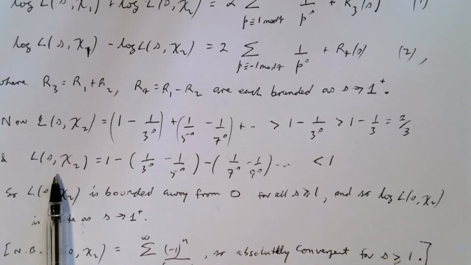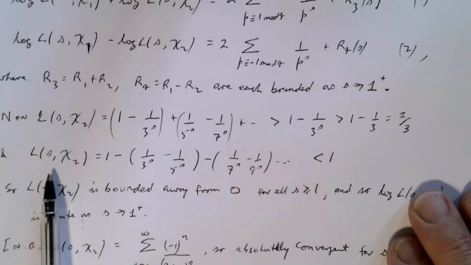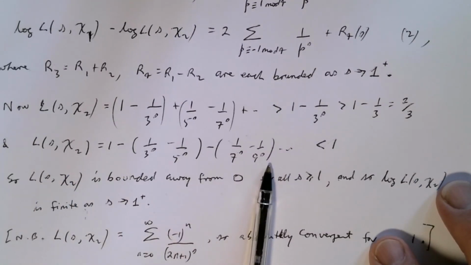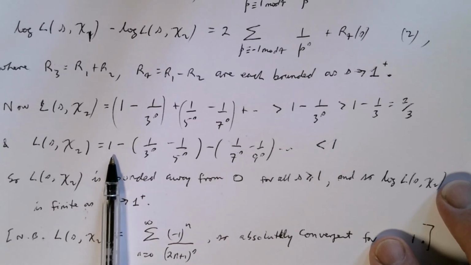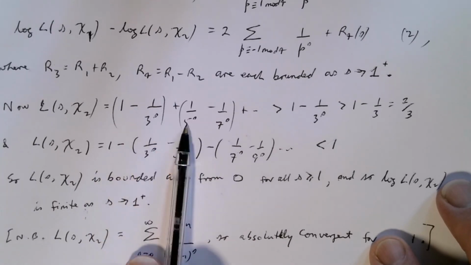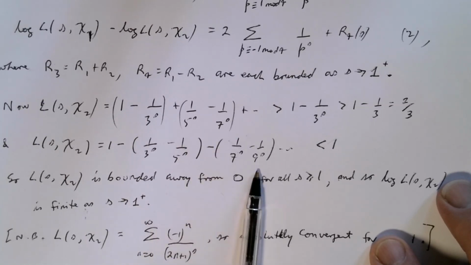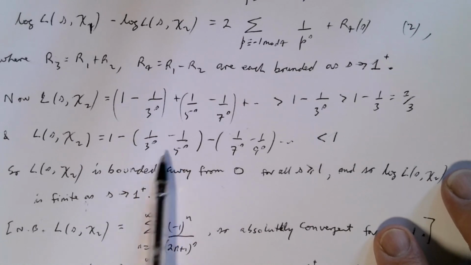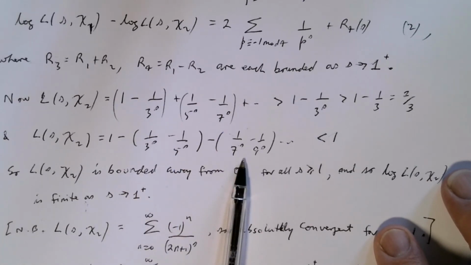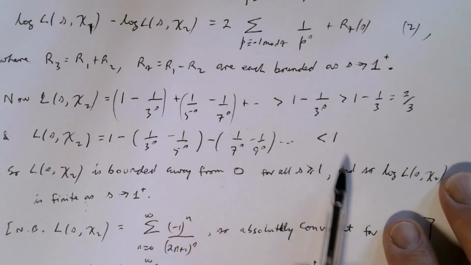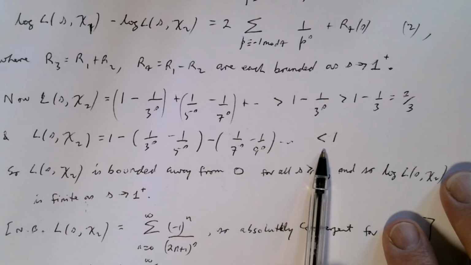On the other hand, I've got to show that it doesn't diverge, and so again I write the terms down, but I've just re-bracketed slightly, so I've taken a minus out of that and bracketed these two together, and then I've taken the 7 and the 9 and done those together. Now each one of the terms in the brackets is positive, so this is 1 minus something positive minus something positive, and so on, and so that's going to be less than 1.